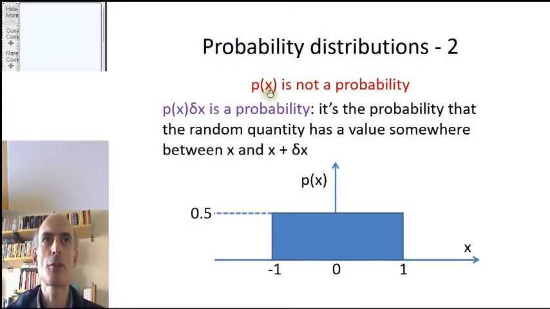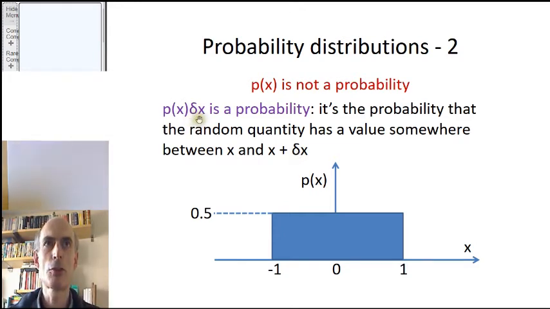But P of x is not a probability, it's called a probability density function. You have to multiply it by a small range of values, delta x, in order to get the probability that the random quantity is between x and x plus delta x. So, the probability that x is exactly 0, well, that would mean that the range x to x plus delta x would be 0.